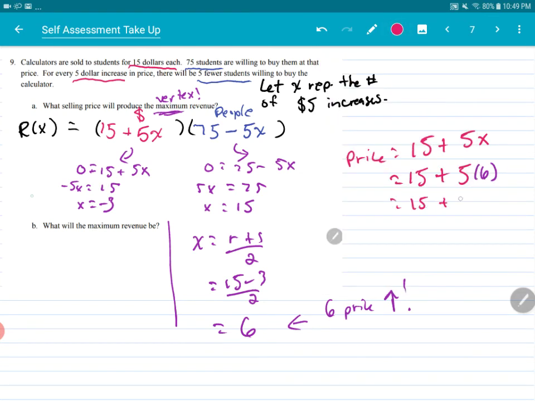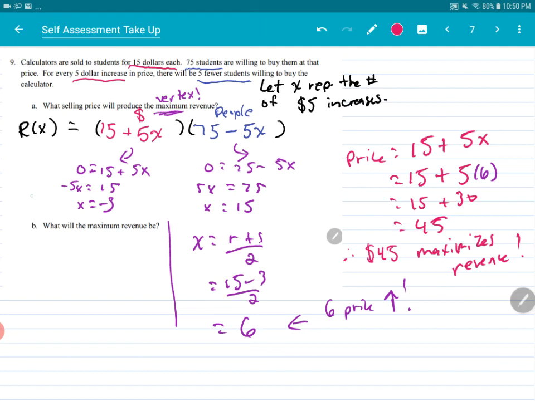So 15 plus 30, which is 45. So what is this telling us here? That $45 as your price for a calculator maximizes revenue. Okay, that's exciting. Now we know that $45 as a price for our calculator maximizes the revenue.